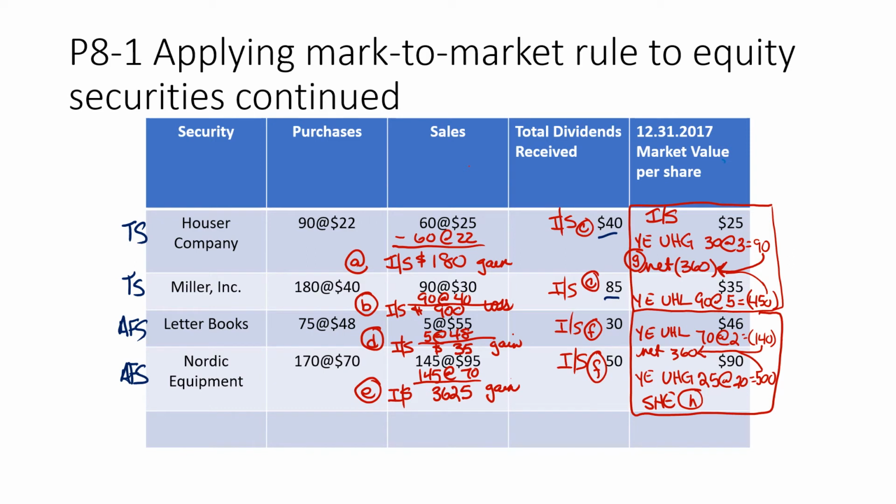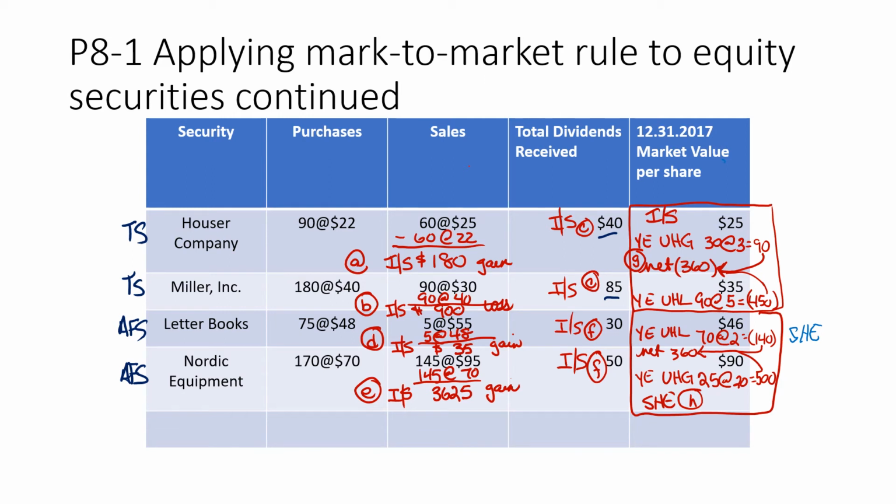Well, the value is now 46, so we're going to have an unrealized holding loss of $2 a share, 48 versus 46. So 70 times $2 is an unrealized holding loss of $140. But that doesn't show up on the income statement, does it? It shows up in shareholders' equity, in other comprehensive income.